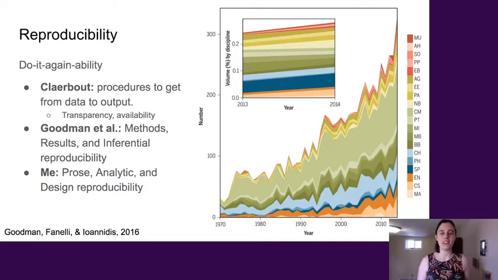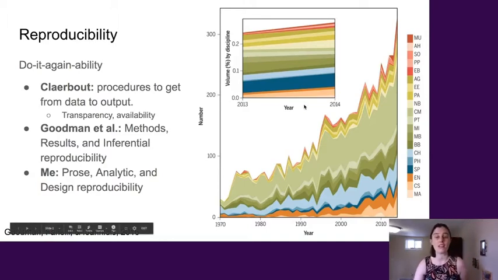Design reproducibility is the idea, okay, we acknowledge that there are bajillions of researcher degrees of freedom. In other words, researchers have lots of choices about what they do, what kind of data they collect, how they collect those data, what choices they make as they're pruning the data, as they're reanalyzing the data, as they're presenting their final analyses, as they're constructing a figure like this.